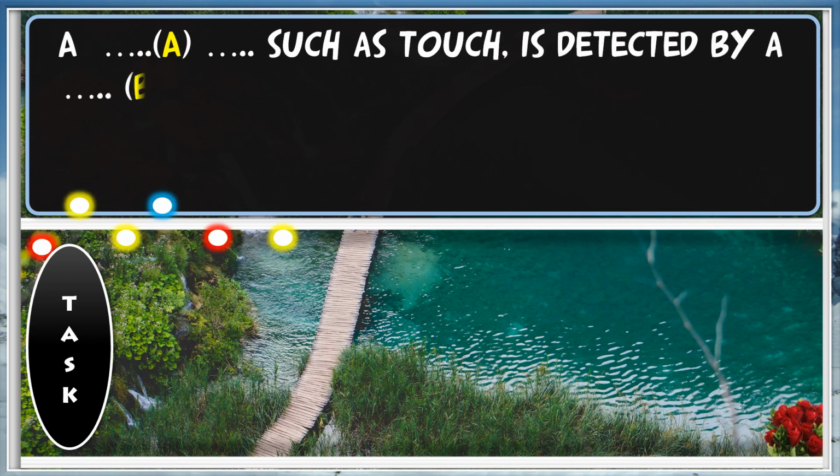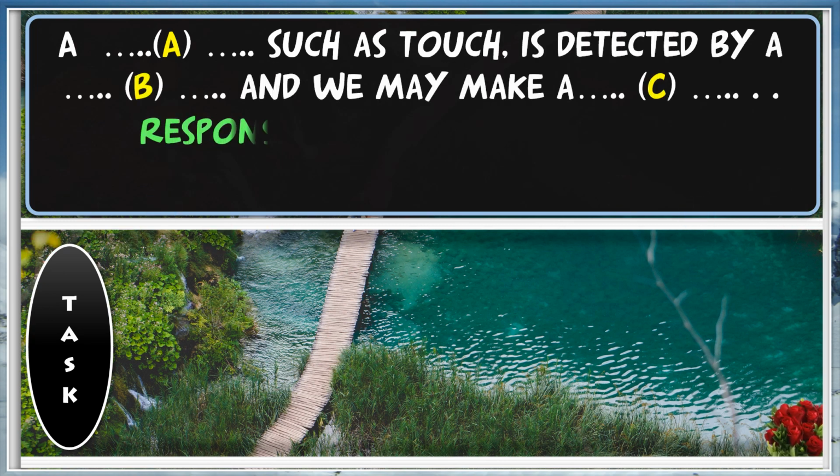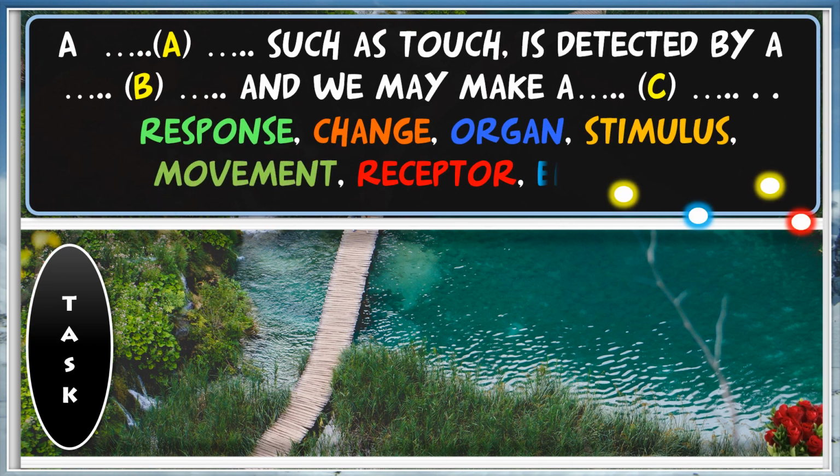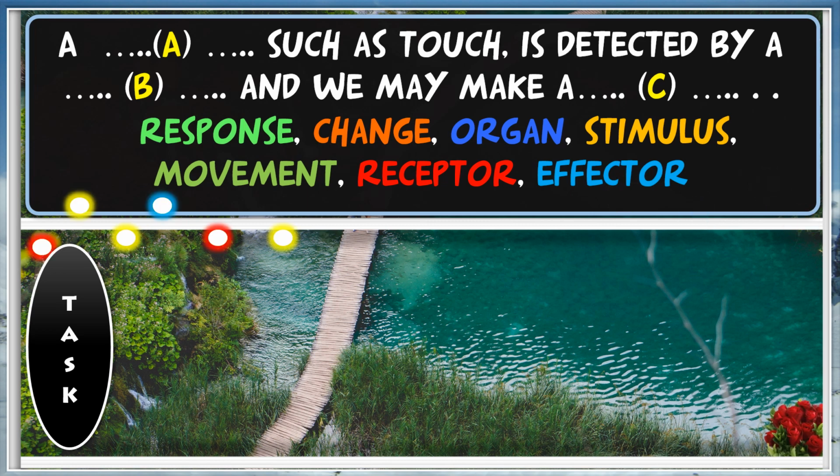A dash, such as touch, is detected by a dash, and we may make a dash. Fill in the missing words using the following words: response, change, organ, stimulus, movement, receptor, effector.